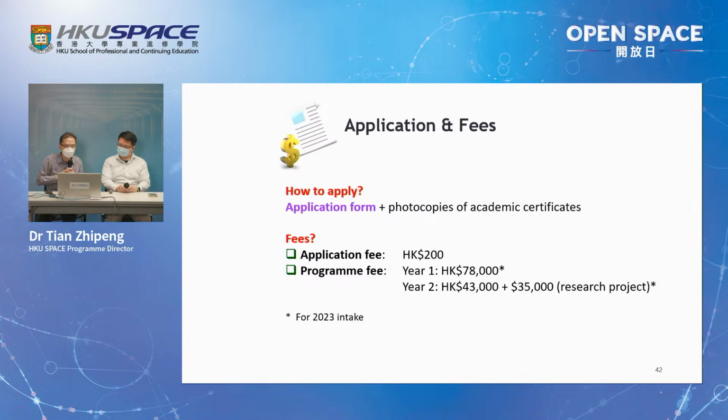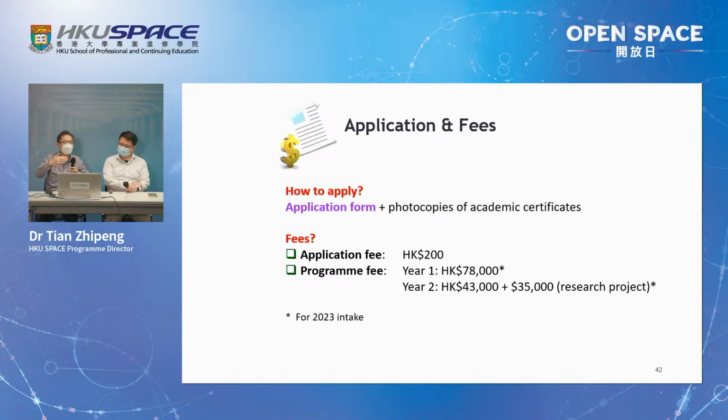Okay, back to the very essential information, application and fees. The application procedure is the same as other programs. You can go to our website, get the application form, and then submit the form. The program is a 2-year program, and the fee in general is 78,000 per year.